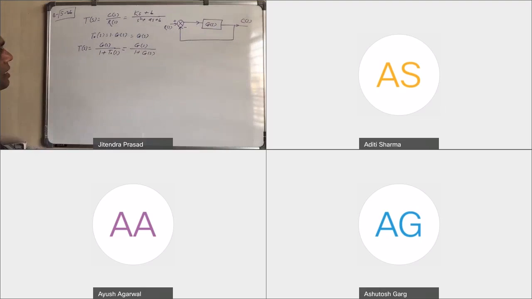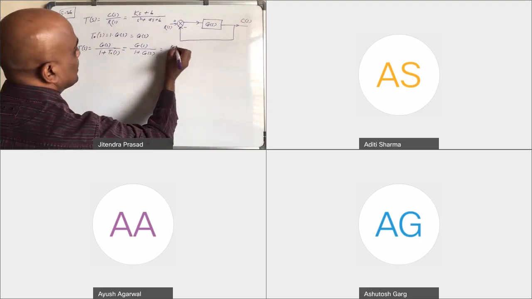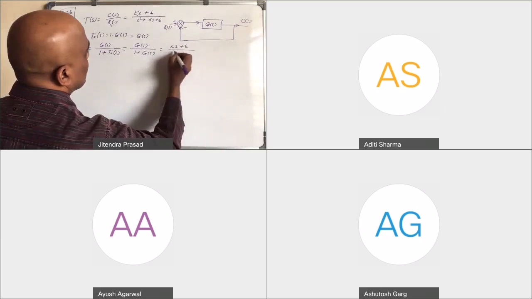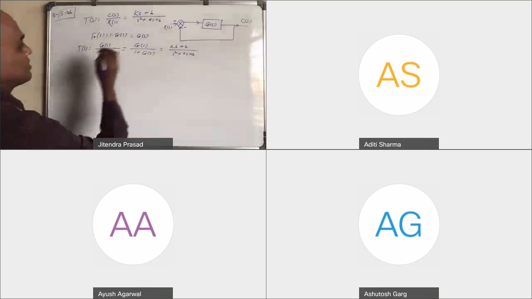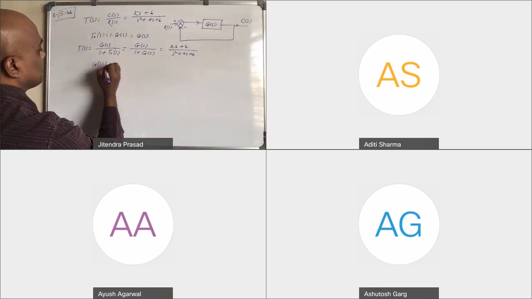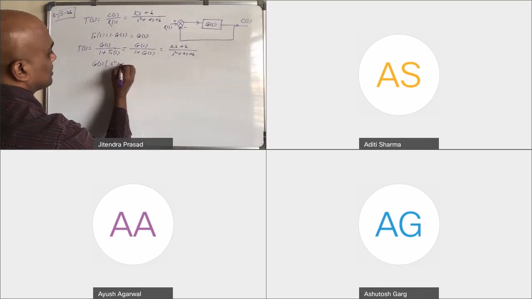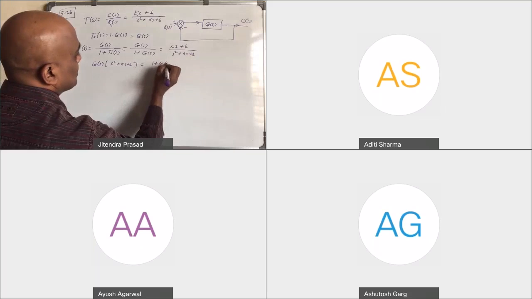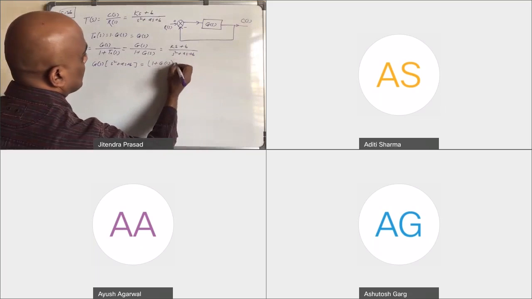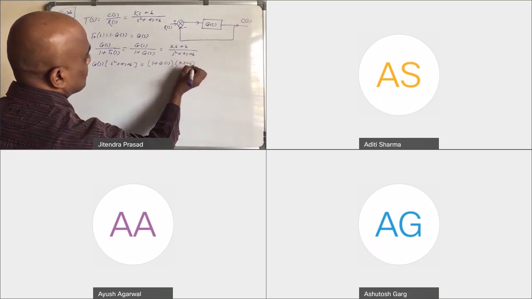And this is equal to (as plus b) divided by (s squared plus as plus b). Hence you can write G(s) multiplied by (s squared plus as plus b) equal to (1 plus G(s)) times (as plus b).